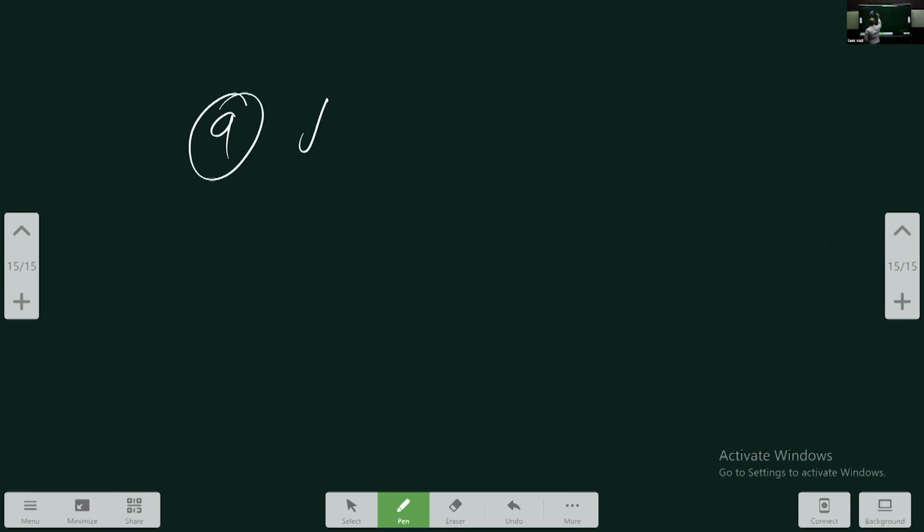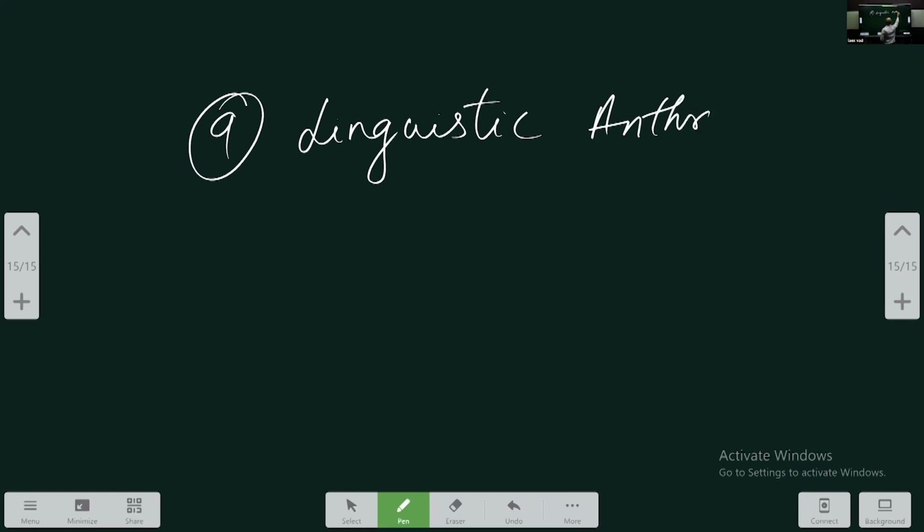What is 9? 9 is about linguistic anthropology. So first define it. This is the study of language from a cultural and evolutionary point of view. What is linguistic anthropology? The focus is the study of language from a cultural and evolutionary point of view.